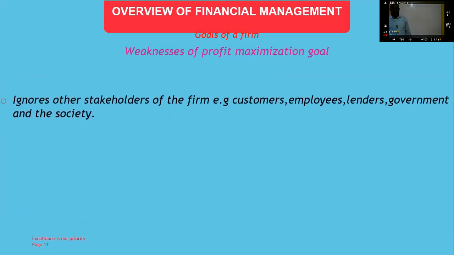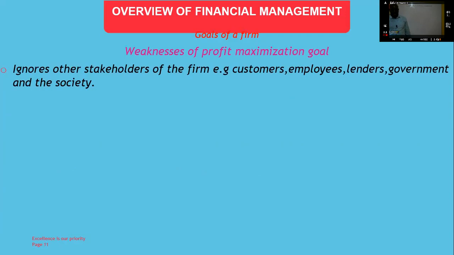Now, before we go to the second goal, let's look at the weaknesses of profit maximization as a goal of a firm. The first weakness is that it ignores other stakeholders of the firm, for example, the customers, the employees, the lenders, and the society at large.